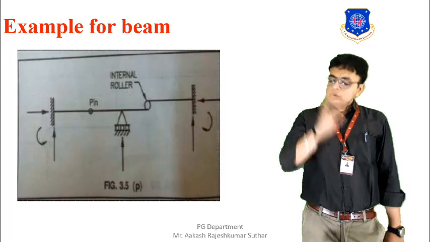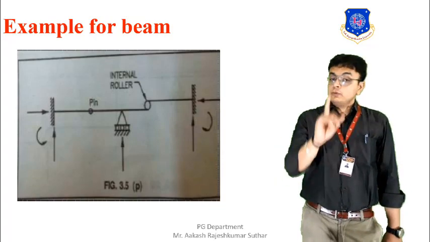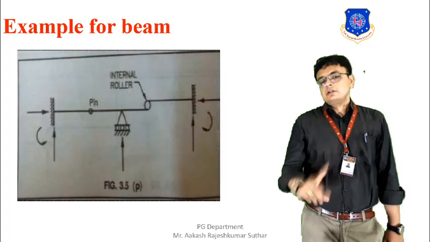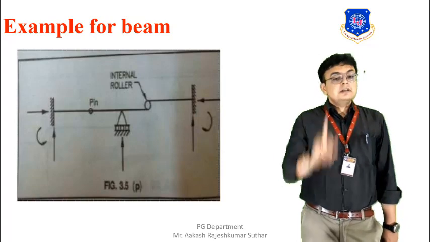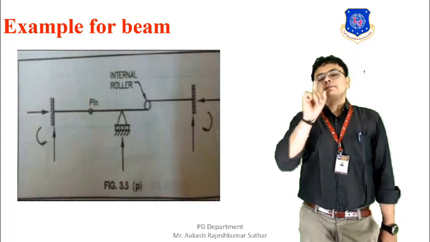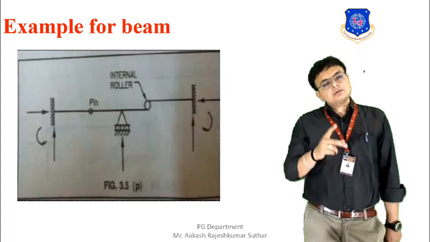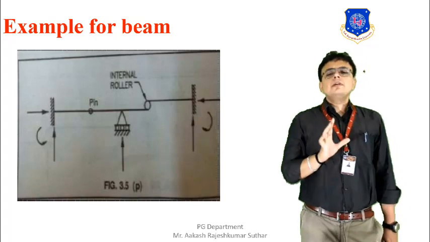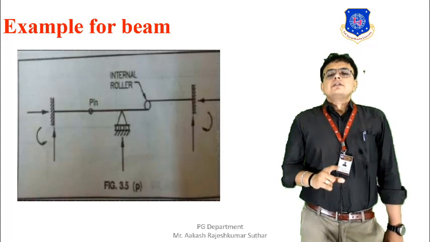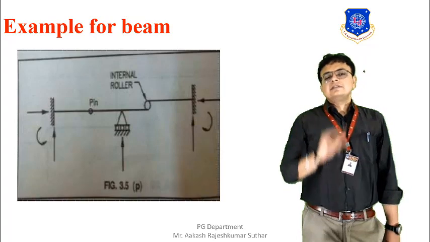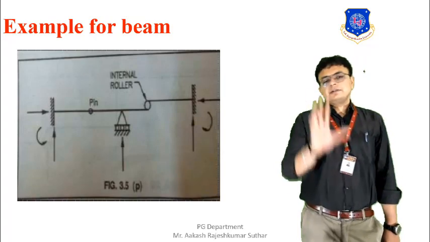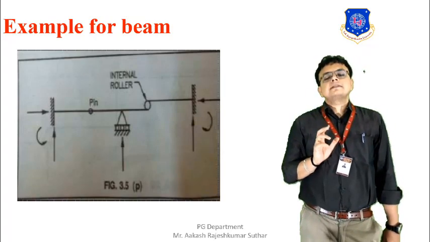Based on that, the small r value will be equal to 3 plus 1 for one pin, plus 2 for the internal roller. So cumulatively, the small r value for this particular beam will be equal to 6.